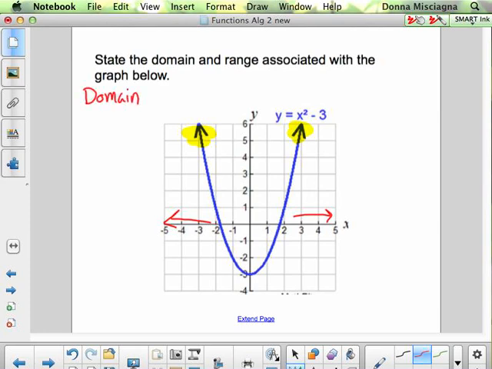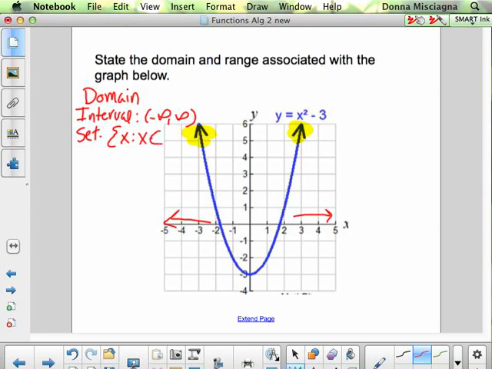That's your x values. So in interval notation, that would be negative infinity to infinity, because it's going to keep moving in both directions. In set notation, that would be x such that x is a real number.